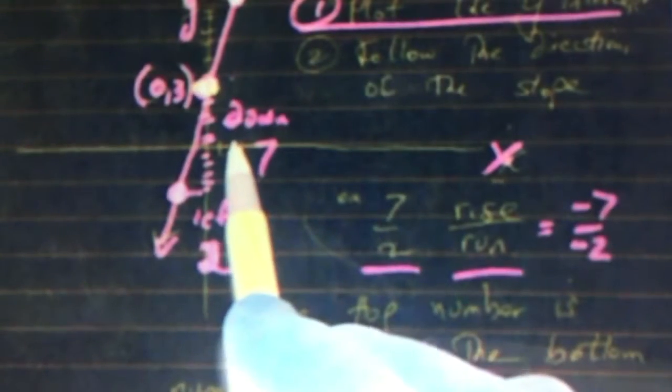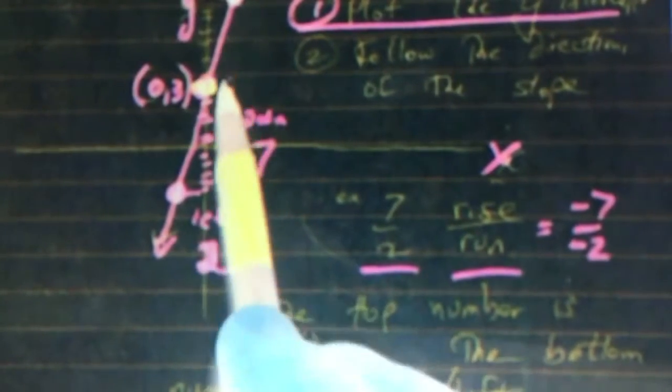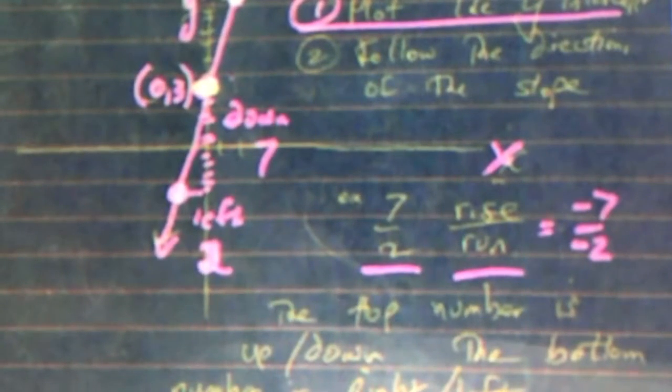No, I'm saying if you have 10 over 2 and you want to go down, then you've got negative 10 over negative 2, and they're the same thing. With slope, you can go up or down, but if it's a positive slope and you're going up to the right, then to stay positive you can go down to the left, because a negative divided by a negative is positive as well. It's just an interesting way that numbers interact with graphs.